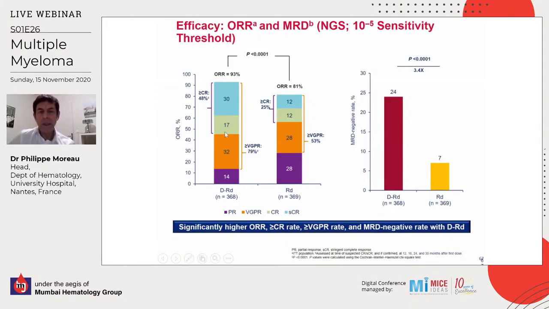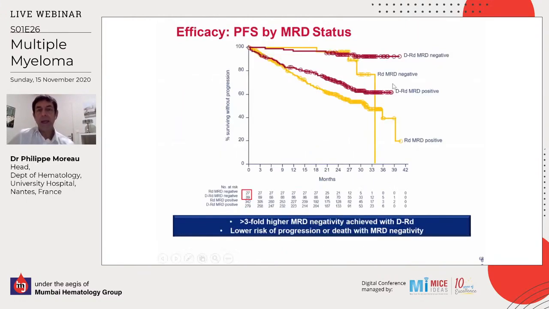And definitely the responses are improved with DRD, but importantly, the MRD negativity rates are also improved with the triplet combination versus Lendex alone. At the time of this report at ASH, you see that almost 25% of the patients were able to reach MRD negativity by NGS 10 to the minus 5 with the triplet combination. And interestingly, progression-free survival is highly improved for patients reaching MRD negativity with DRD.